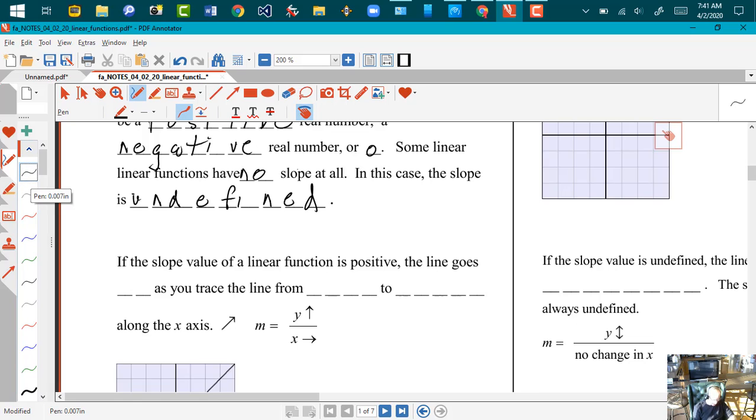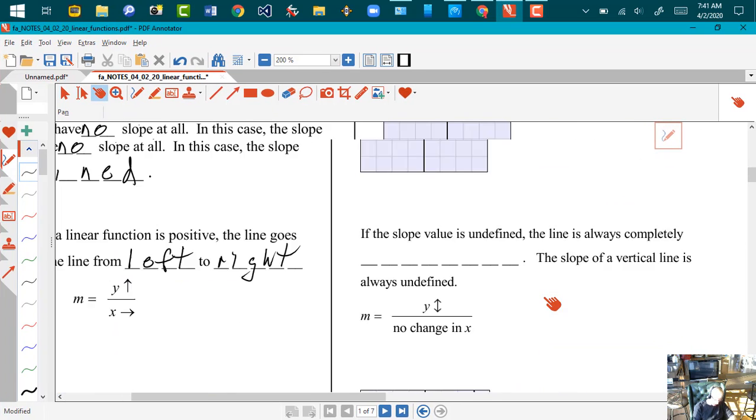Okay, so looking at the slope value, slope can be positive, and if it's positive, the line will go up from left to right. It can be negative, in which case it's going to go down from left to right.